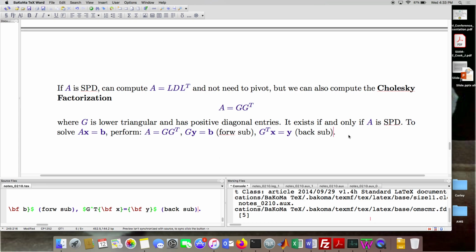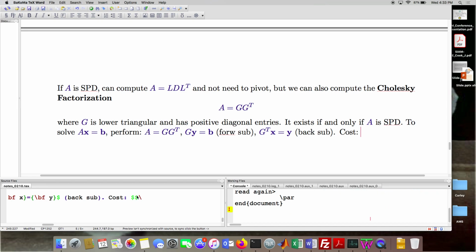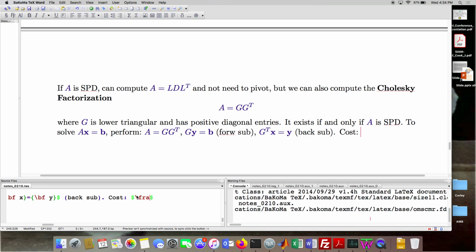The cost of computing Cholesky is 1/3 n cubed flops, same as LDL^T. Again, because of the symmetry of A, you're saving half the arithmetic operations.